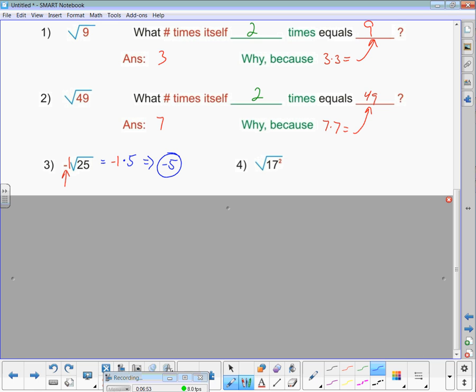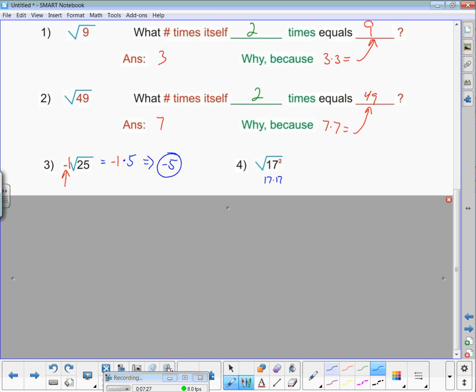Number 4, we've talked about this in the past, and I don't know if you remember, but square roots undo squares. So if you look right here, you've got the square root symbol, and if you look right here, you have the radicand squared. So remember, what is a square root? What number times itself 2 times equals the radicand? What is the radicand? Watch now, listen. The radicand is the number 17 times itself 2 times.